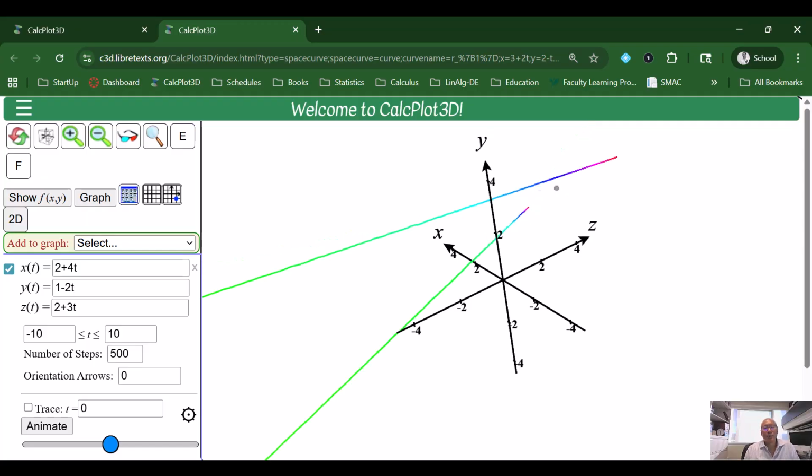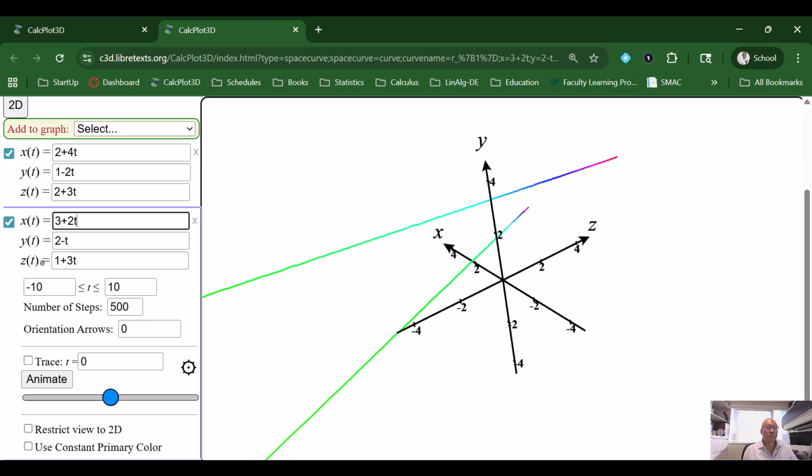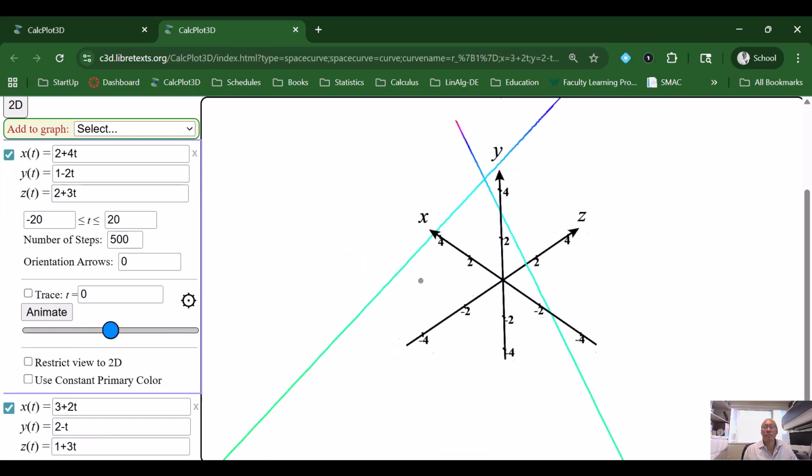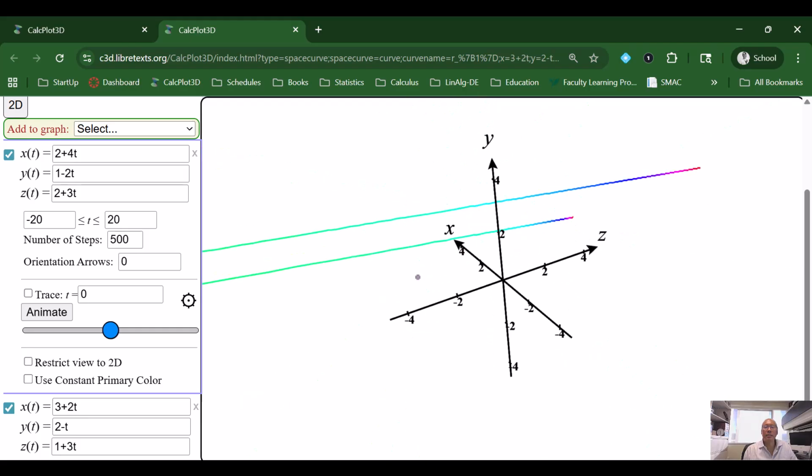It looks like this one line is higher than the other line. They're going from -10 to 10. Maybe if we make them longer, -20 to 20, you can see that they really do not intersect. I guess this is a good view.